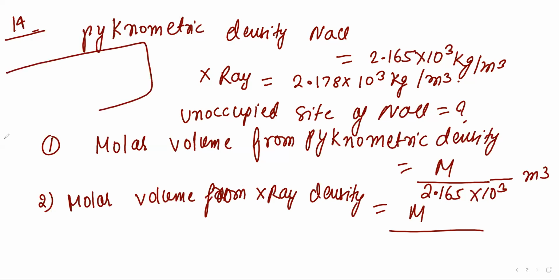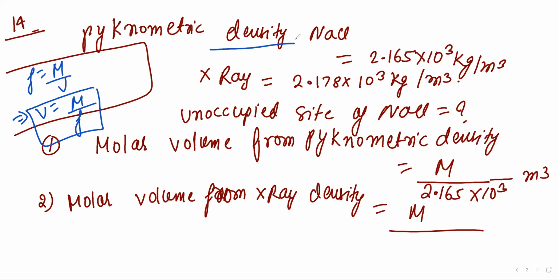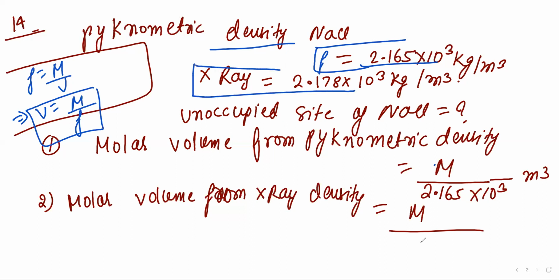So we use here the formula, density equal to mass upon volume. So we have to find volume. So volume will be equal to mass upon density, right? For the pycnometric density, it is mass upon that density, which is given. In the similar way, for the second case, for the X-ray, the density given is 2.178 × 10^3 kg per meter cube.